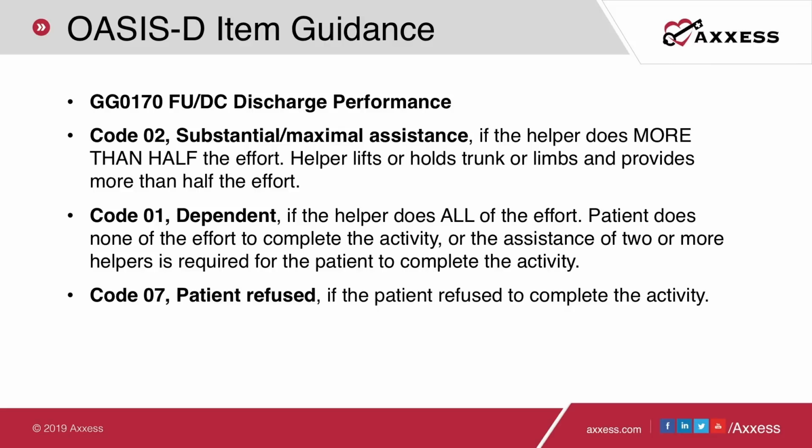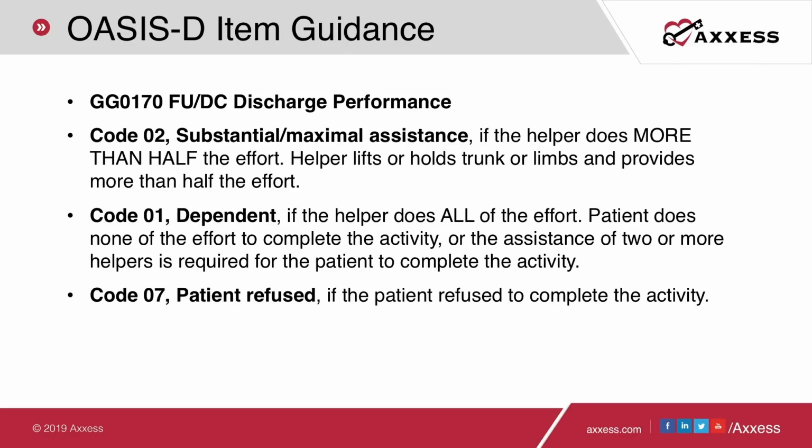For example, the helper might lift or hold trunk or limbs and provides more than half the effort. Code number 1, dependent, means the helper does all the effort. The patient does none of the effort to complete the activity, or in order to complete the activity, they need 2 or more helpers for the patient to complete the activity at all.